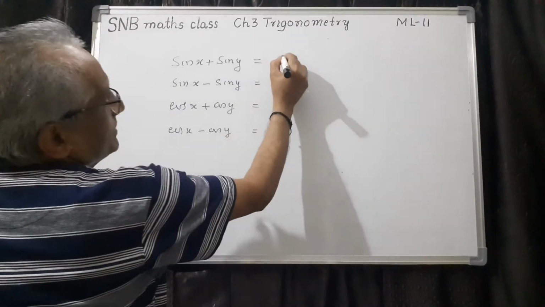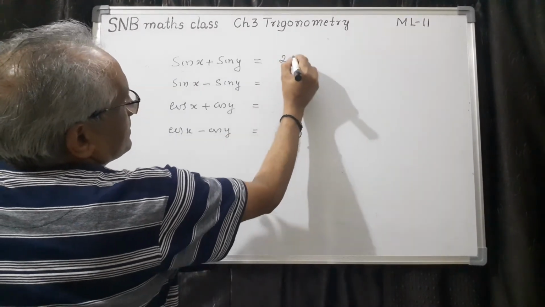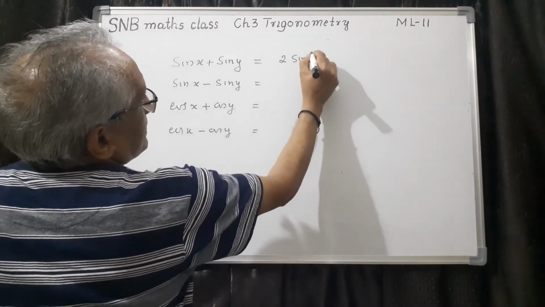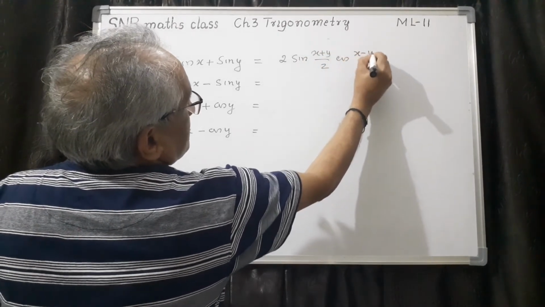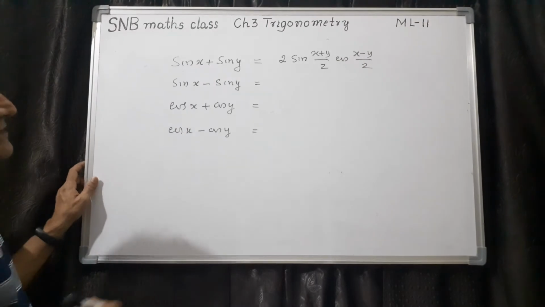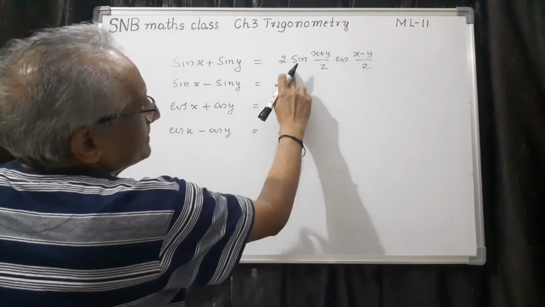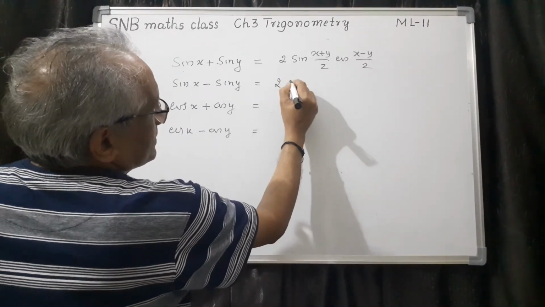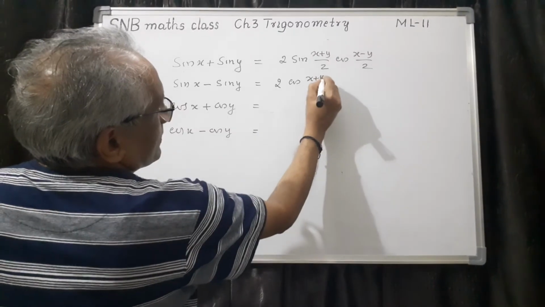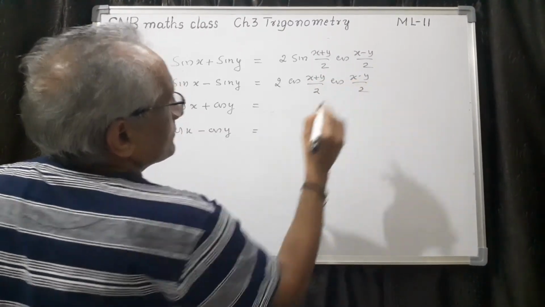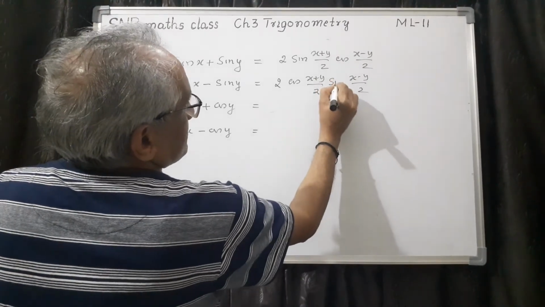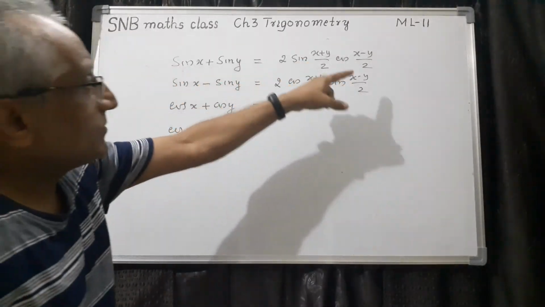Here everywhere it is 2. Here 2 sin (x plus y)/2 cos (x minus y)/2. Here 2 once again, just interchange them, so it is cos (x plus y)/2 sin (x minus y)/2. Sorry, sine cos, cos sine.